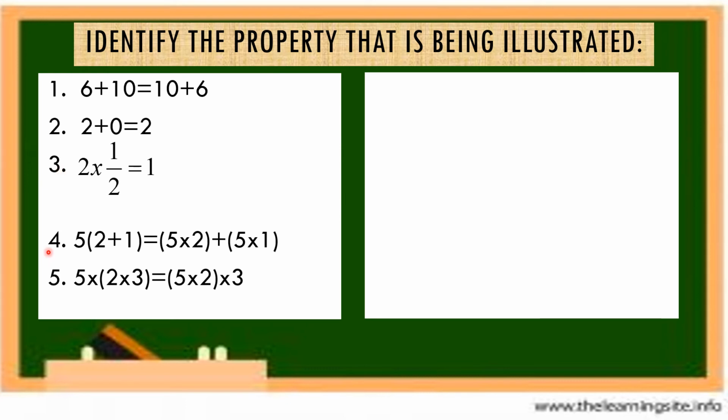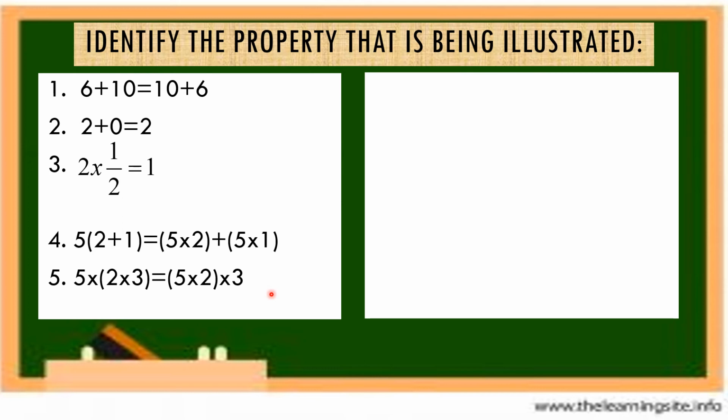Number 4, 5 times the quantity of 2 plus 1 equals 5 times 2 plus 5 times 1. Number 5, 5 times the quantity of 2 times 3 close quantity equals the quantity of 5 times 2 close quantity times 3. I'm giving you time to answer the problem.